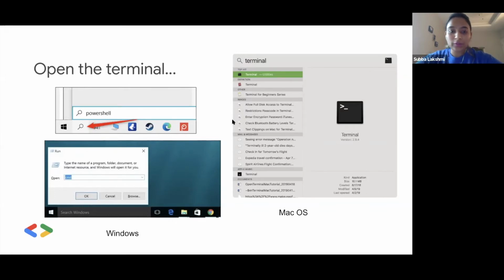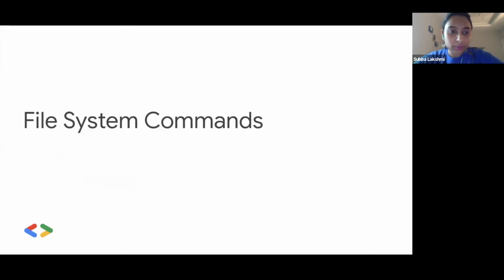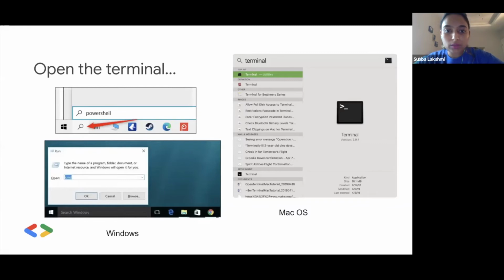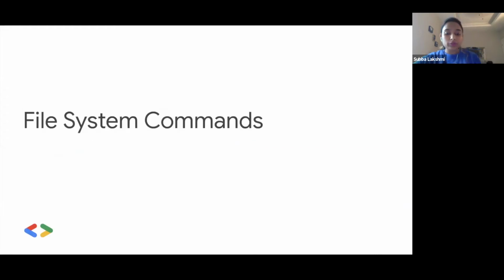Okay, moving on. I think most have the terminal open. So first things first, the very basic application of a terminal is to work with the file system. The file system is nothing but how all the files and folders are arranged on your computer.